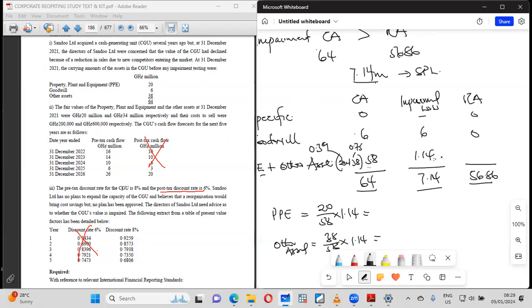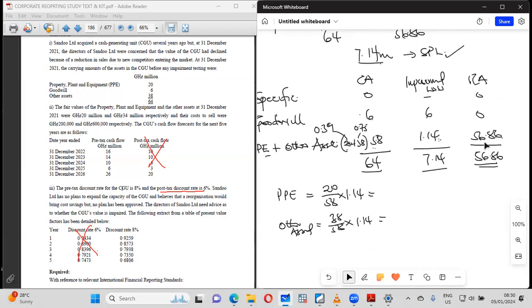That gives us the total of this. And so when we do that, how much are we getting? We have 56.86. So this one will go to the SPL, but in the NCA in the balance sheet, this is how it will appear.